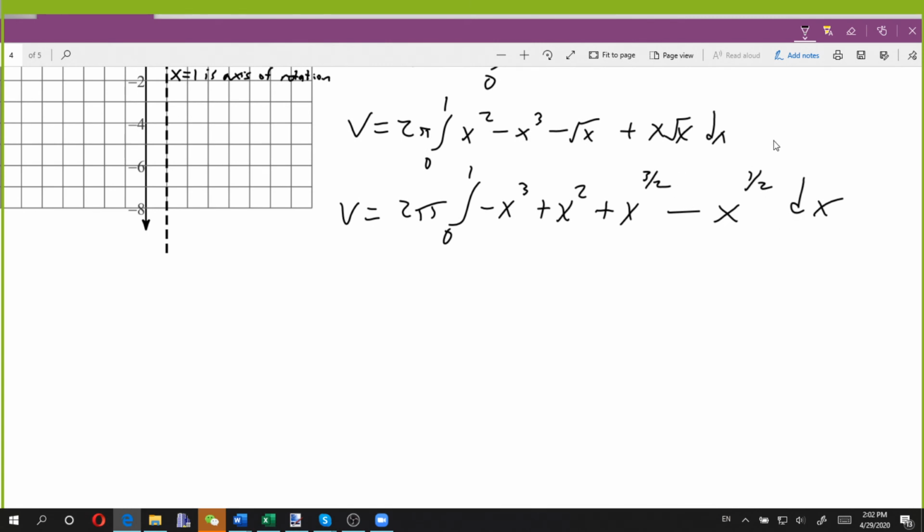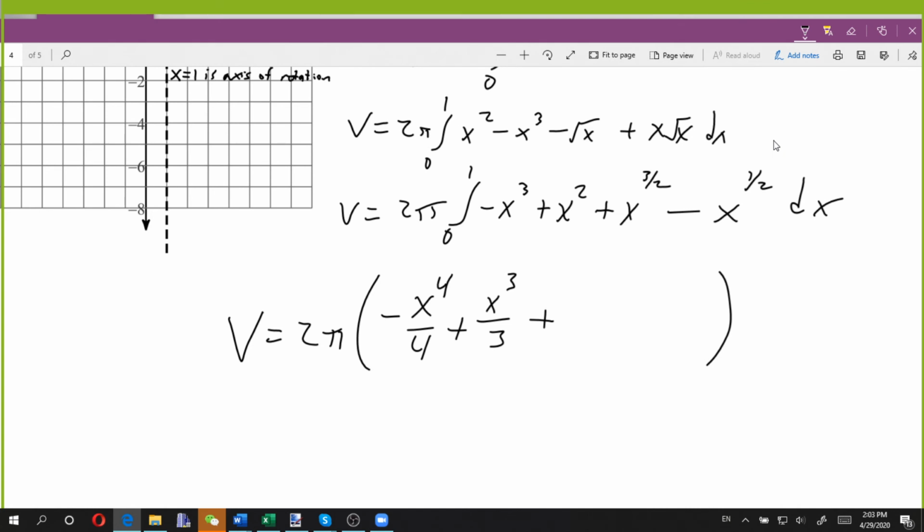Okay, so I'm going to jump over to Andrew for integration. Negative x to the fourth power over 4, plus x to the third power over 3, plus 2 over 5, x to the 5 over 2 power, perfect.